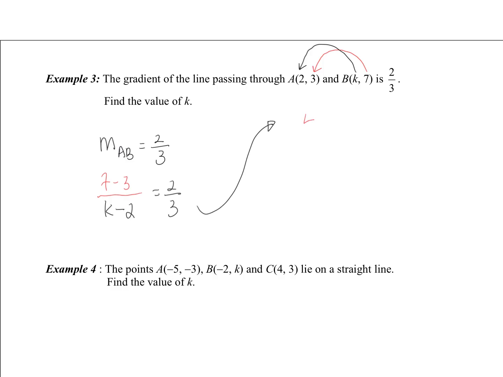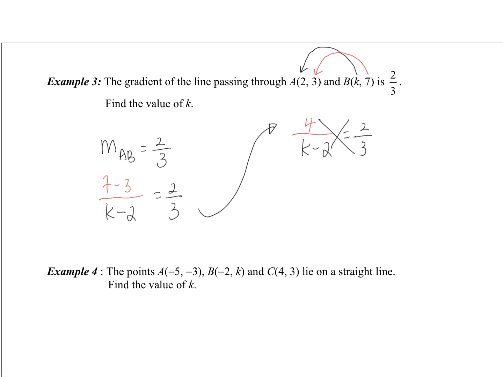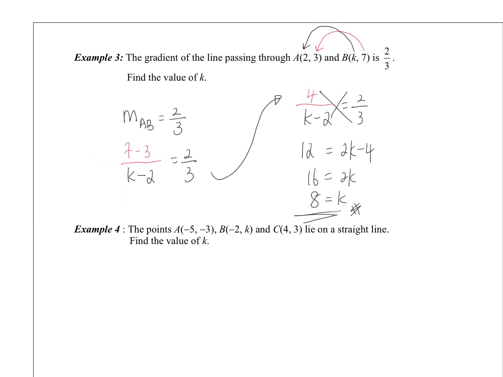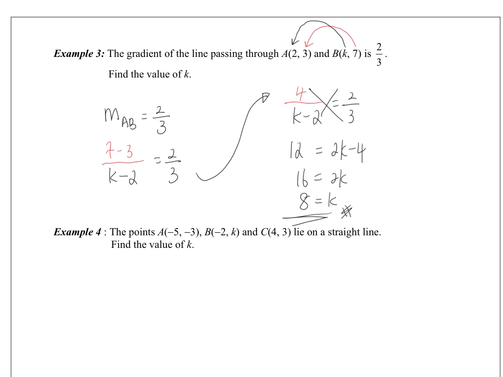So this is 4. This is k minus 2. And it's equal to 2/3. So just cross multiply to solve. So k is just 8. Okay, so this one is just they give you gradient now and then solve for one of the coordinates.